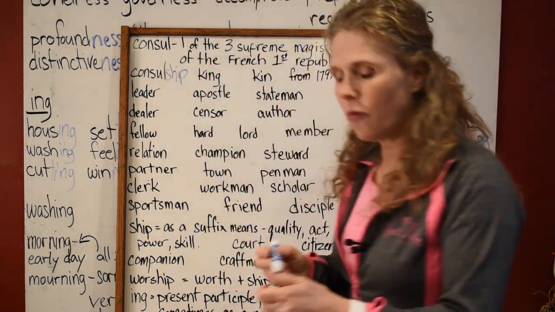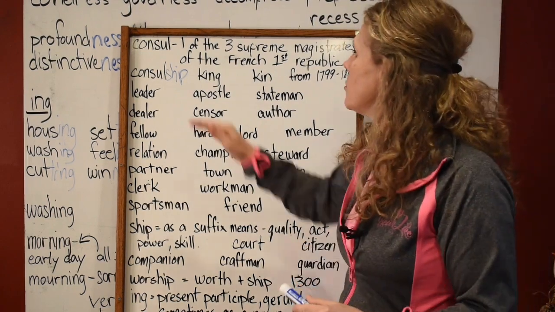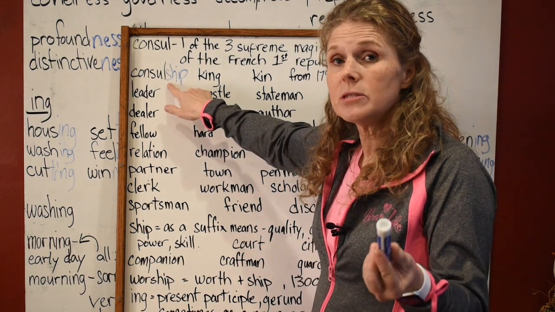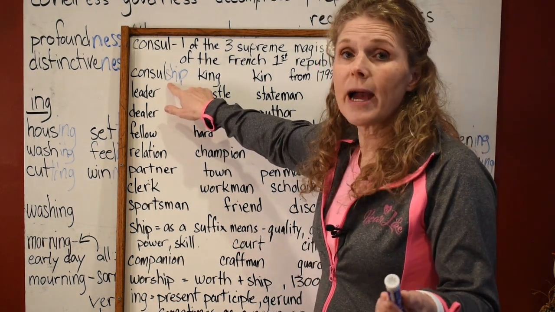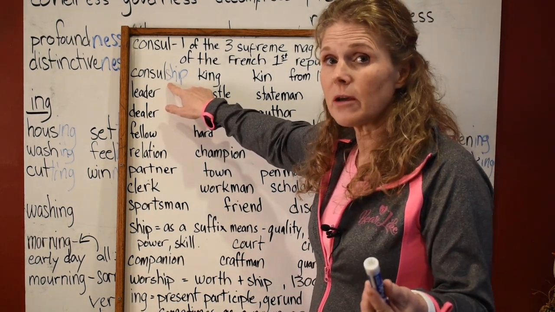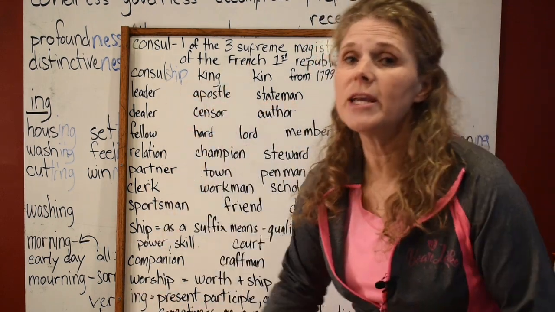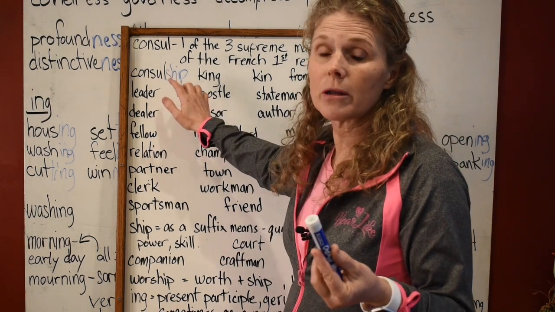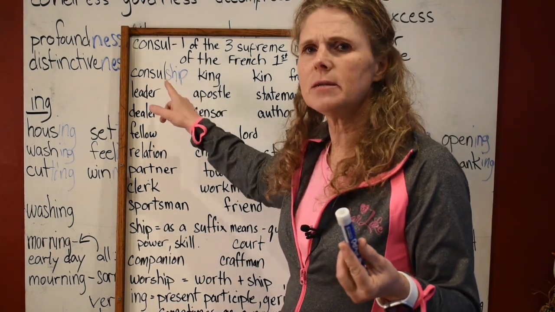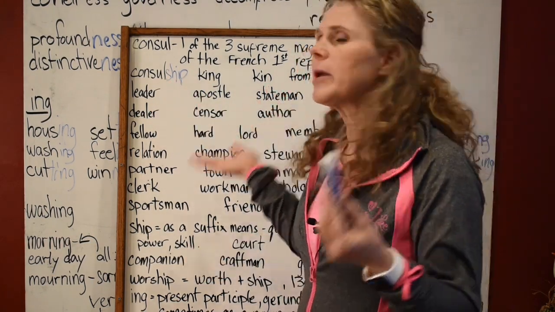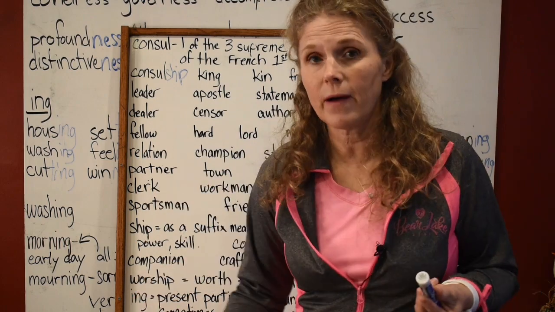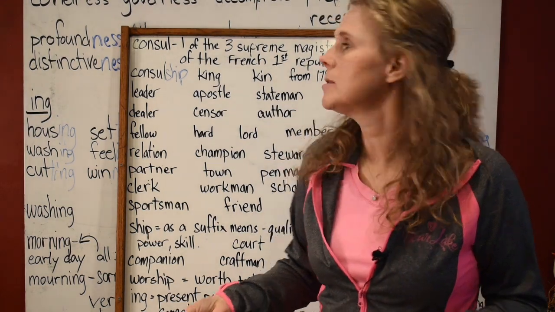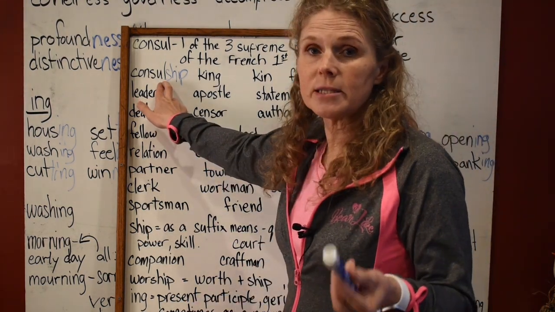Now we still look for your spelling rules, but you don't have to look as deeply when you're adding on a consonant suffix. So this makes your spelling rules so much easier because you are adding on a consonant suffix. Do you understand that, Dee? Where it becomes more difficult is when you're adding on a vowel suffix. So now we know these are all going to be consonant suffixes, so we don't have to look as deeply.